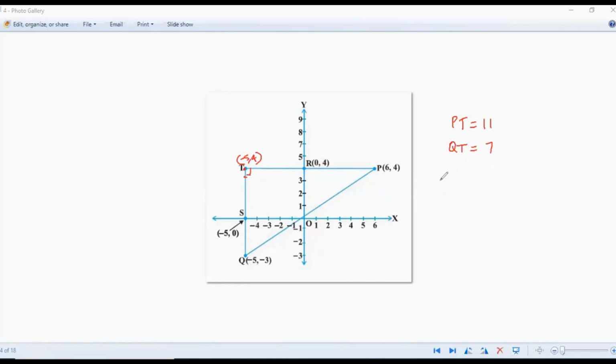Now you can find the length of hypotenuse, that is PQ is equal to square root of 11 square plus 7 square. So what will be the next step? 121 plus 49. How much will come? Square root of 170 will come.